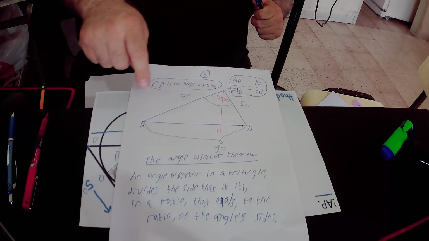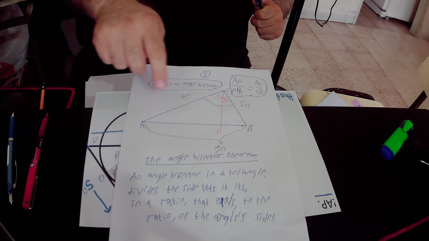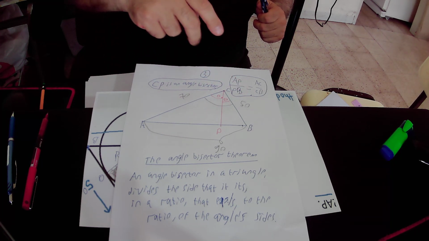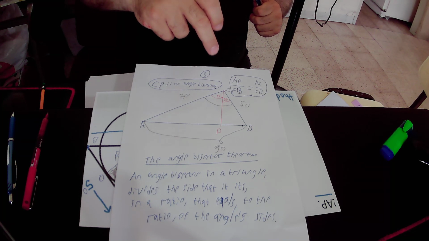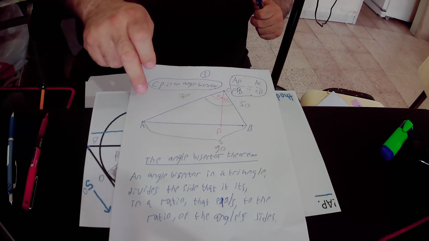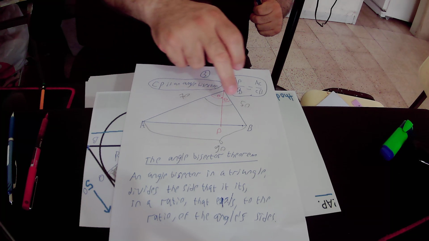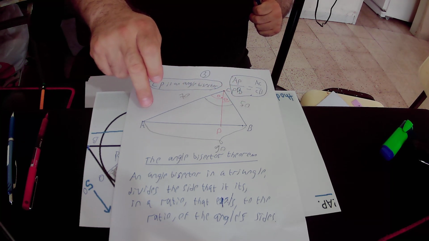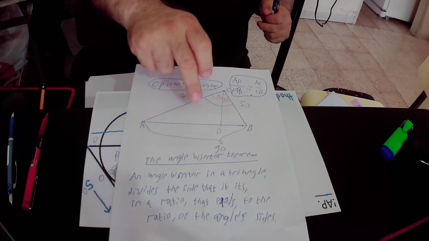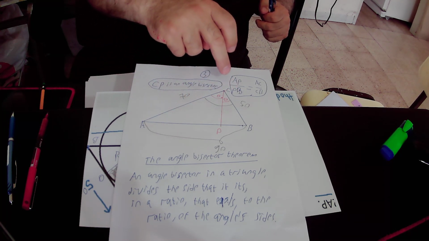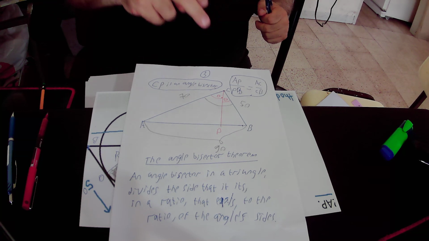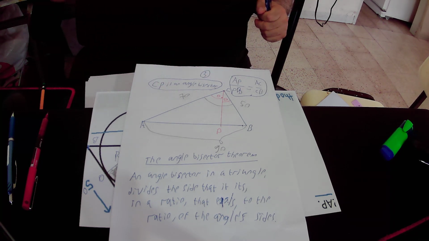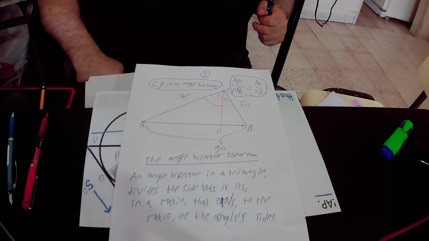The ratio of the angle sides is AC over CB, and it equals the ratio in which CP divides side AB. That is to say, it divides side AB in a ratio of AP over PB. So AP over PB equals the ratio of the angle sides, that is to say AC over CB. Okay?